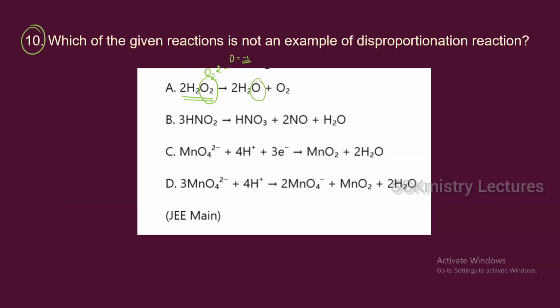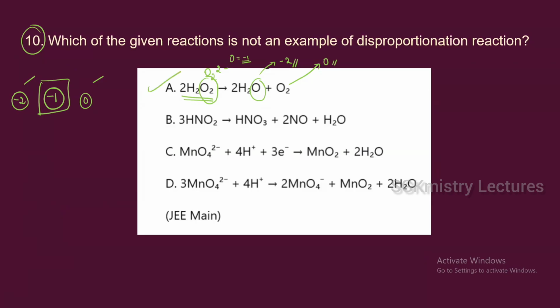In H2O, the oxidation state of oxygen is taken as -2, and for O2, we take it as 0. The -1 in the reactant is in between the oxidation states of the two products, that is -2 as well as 0. So this is a disproportionation reaction.